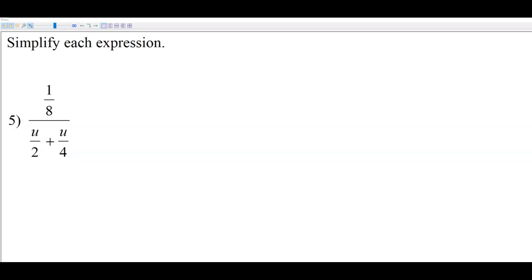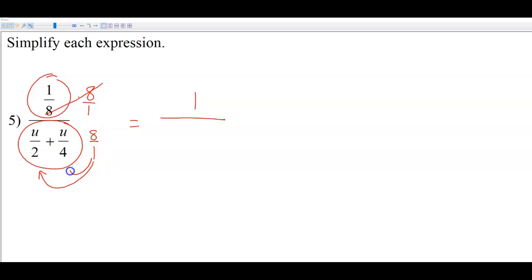So I started off last time by multiplying this guy here. But if you actually start by multiplying the biggest little denominator first, so I'm going to start by multiplying by 8 this time, watch what happens. Those cancel, so my top is 1. And when I distribute this inward, I'm going to end up with 8u over 2 plus 8u over 4.